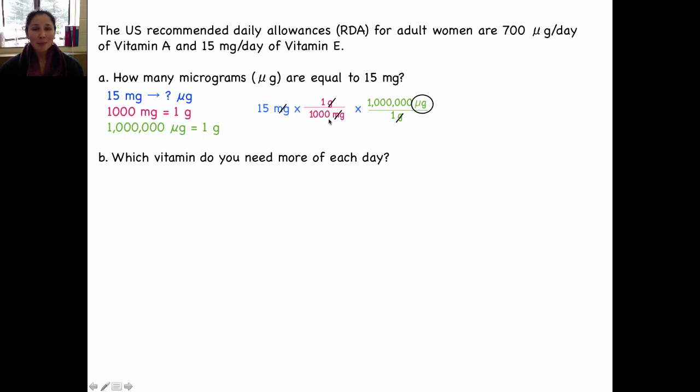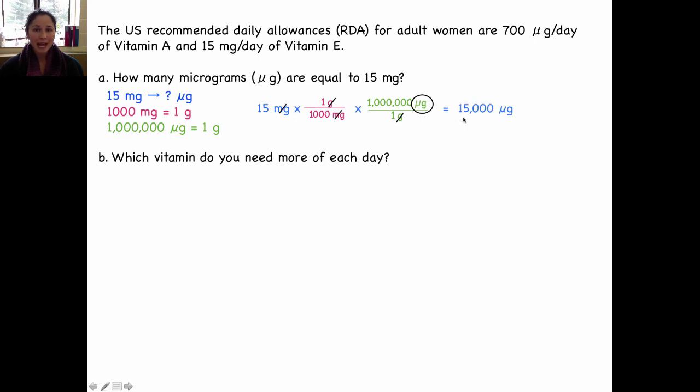I set this up purposely. If I accidentally flipped one of these, so for example, if I put milligrams on the top and grams on the bottom, my units would not cancel, and I would know that there was a mistake in my work. But because all of my units are canceling and giving me the unit that I wanted to get to, I know that I'm doing this correctly.